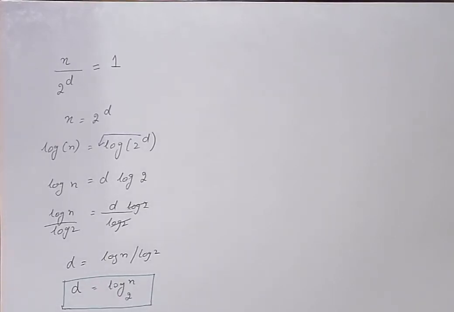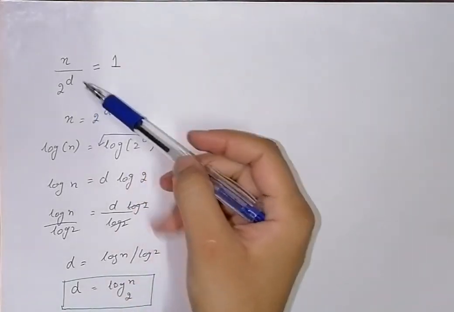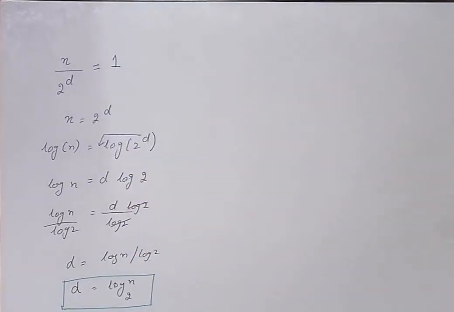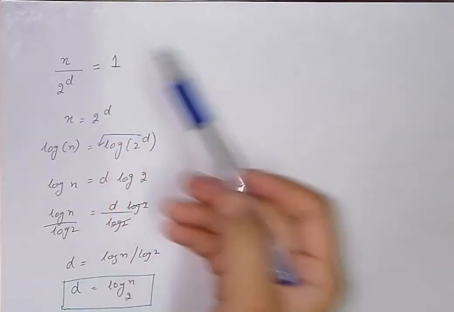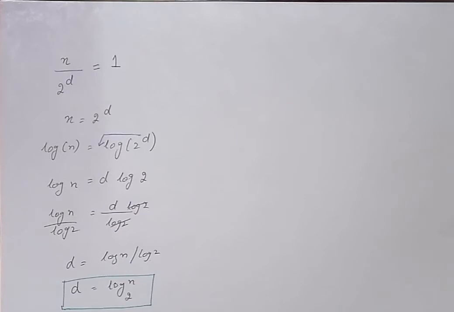So here I have calculated the value of depth d by dividing at each level by 2 to the power of the level, equal to 1. By performing this mathematical calculation, I have concluded that the value of depth is log of n.